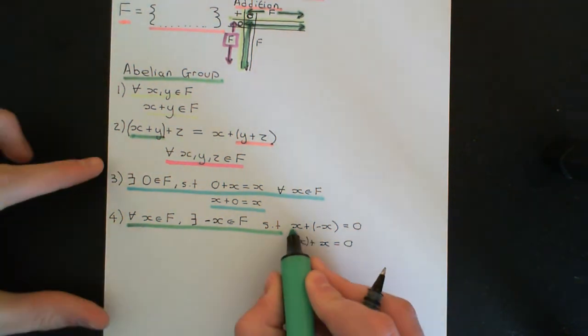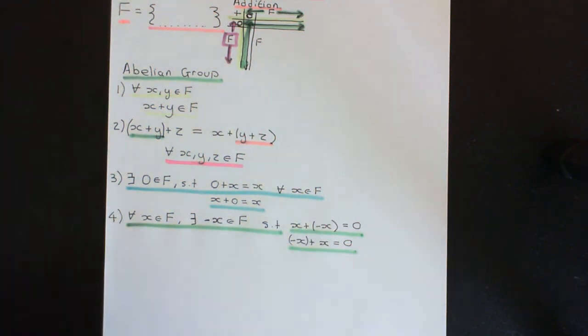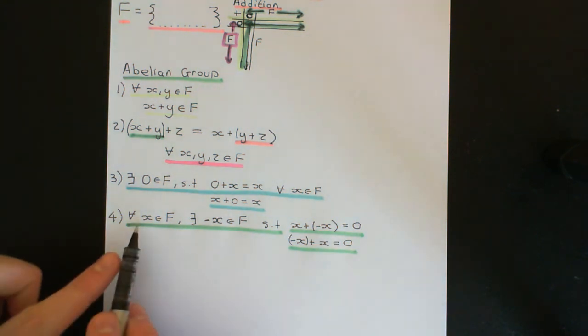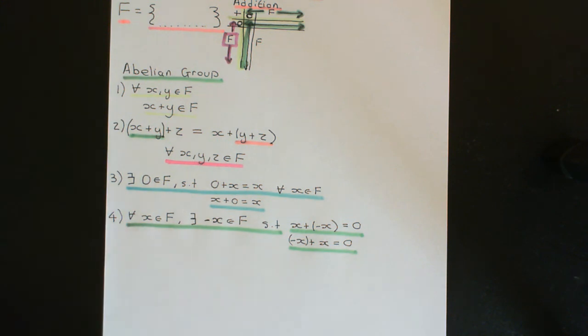So there is some element of the field which, if you compose it with little x either way around, will give the additive identity back again. And there'll only be one of these. For any element of the field little x, there will only be one additive inverse of little x.